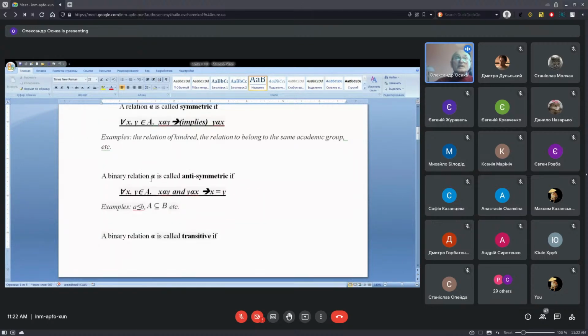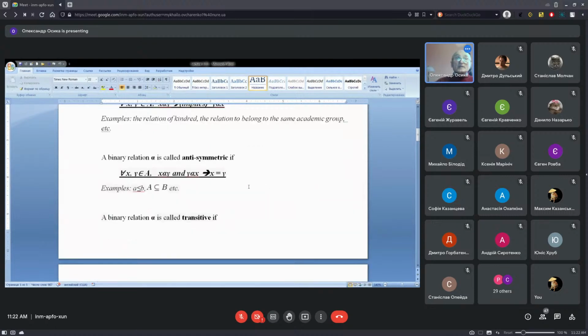And a binary relation alpha is called anti-symmetric if for every x and y, the fact that x is in relation alpha to y and y is in the same relation to x implies that x and y are equal, actually the same element from A. If they are equal, and both of them belong to A, then it is the same element.